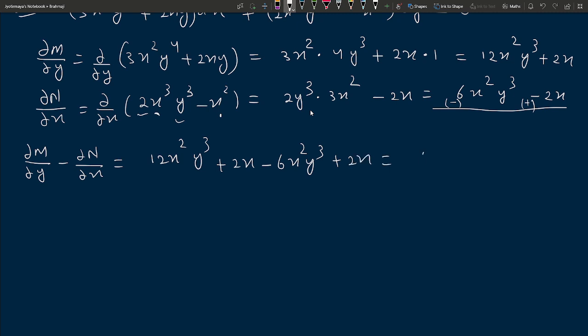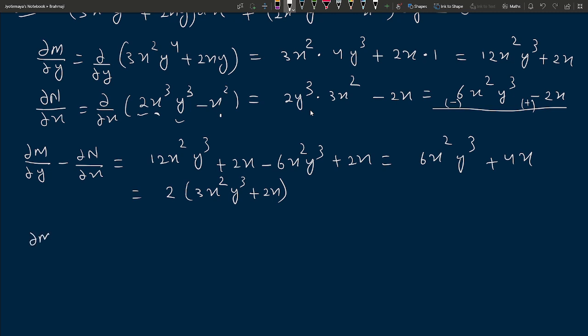This is 12 minus 6, 6x square y cube, then plus 2x plus 2x, that is 4x. Now I can take 2 outside, 2 into 3x square y cube plus 2x.